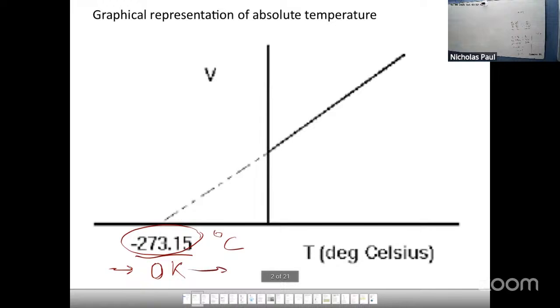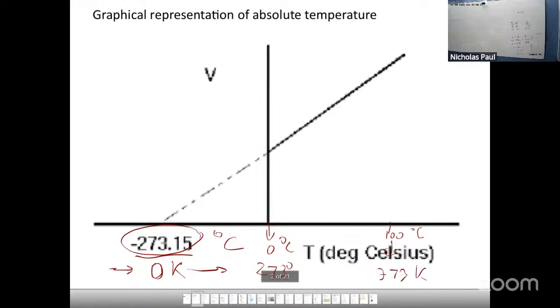What do you think this value here will be? When it's 0 degrees Celsius, the Kelvin value is what? It will be 273. And when it's 100 degrees Celsius, it is what? 373 Kelvin. That's okay?